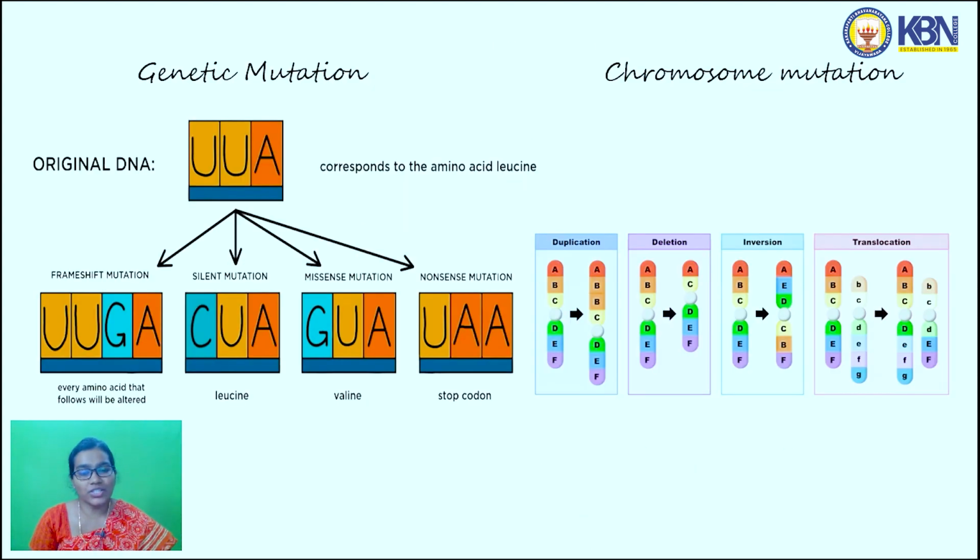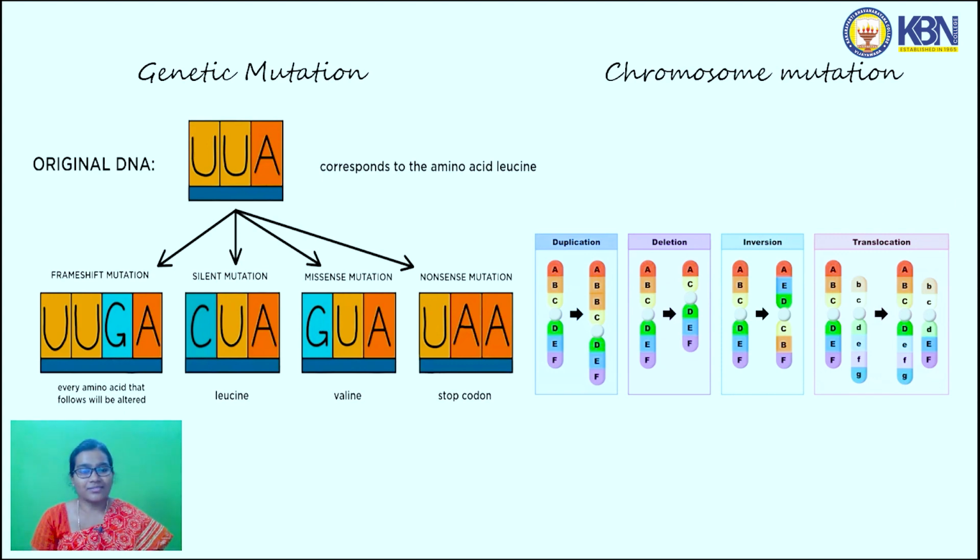And the mutations can be categorized into two. Mutations that happen at genetic level, that is in the sequence of genes, and the other is mutation that happens at chromosomal level. As you can see in the pictures, this is genetic level mutation, that is genetic mutation, and this is chromosome mutation.